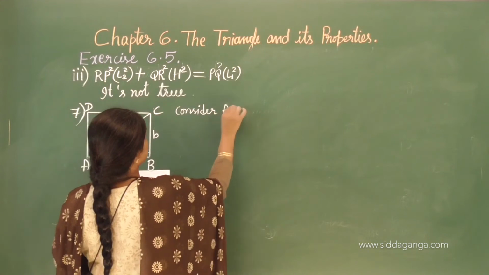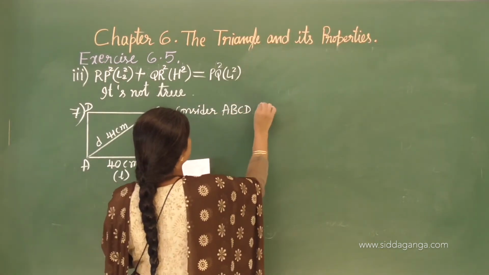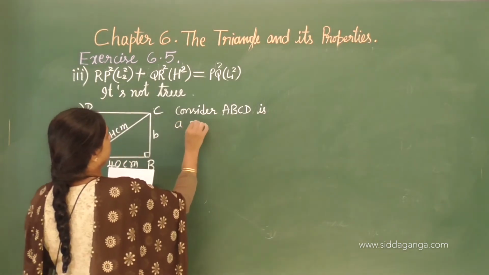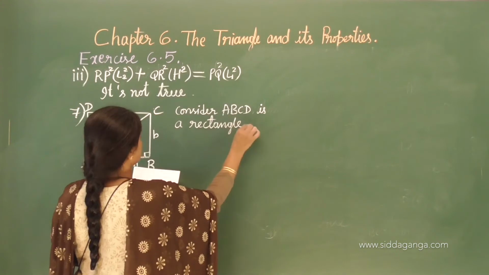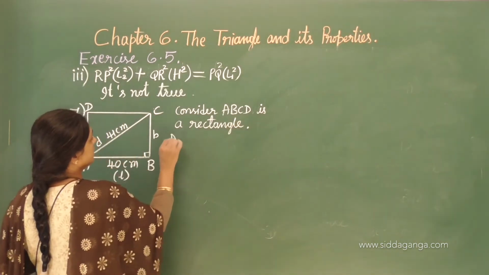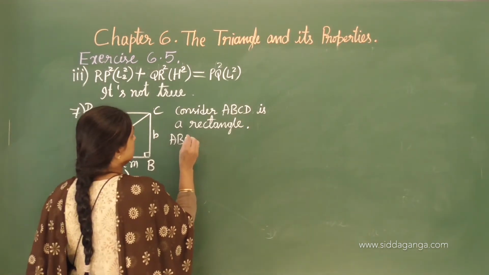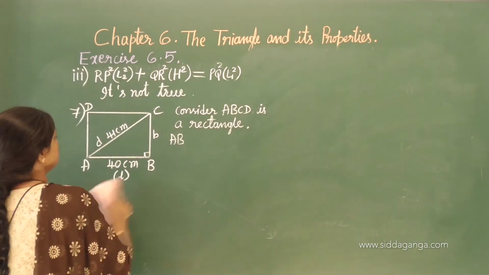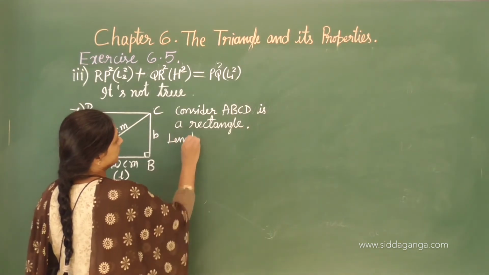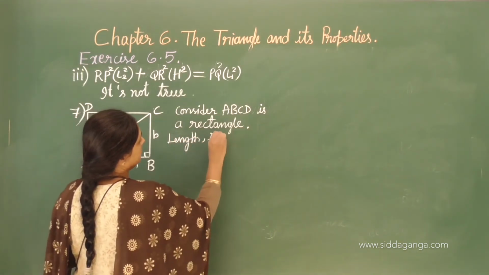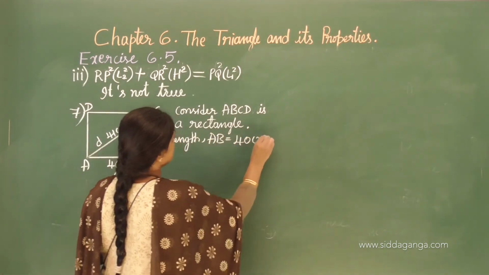Consider ABCD is a rectangle. Then here AB is the length. Length AB is equal to 40 centimeter.